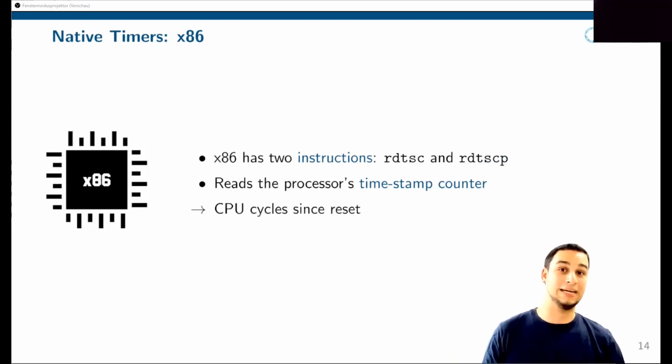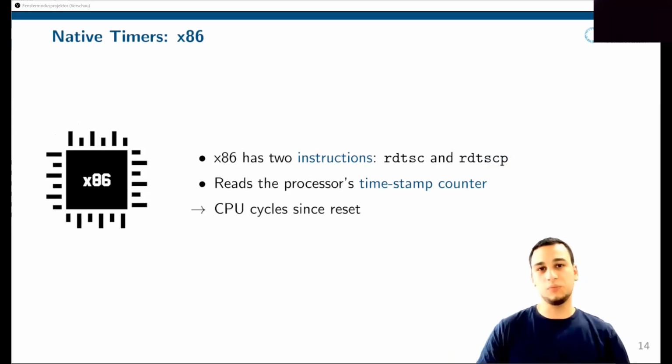What does it mean? That's the number of CPU cycles since the reset, so since we booted the CPU. If we're talking about a 2 GHz CPU, then that means 2 billion increments per second. And we just get the number of increments so far, this timestamp counter.